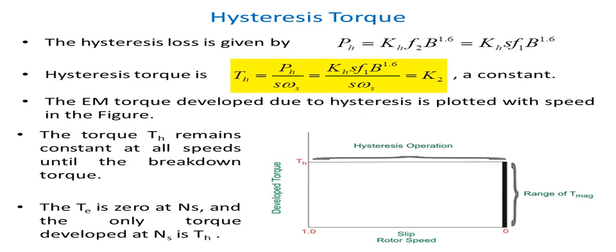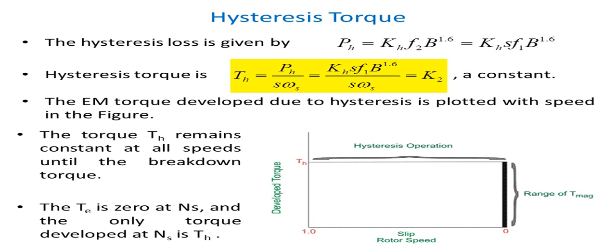Hysteresis torque. The hysteresis loss in the rotor of the motor is given by PH = KH f2 B^1.6 = KH s f1 B^1.6, by putting the value of f2.